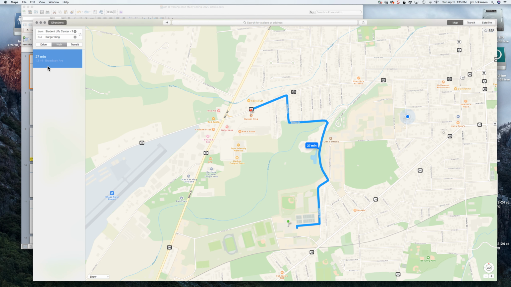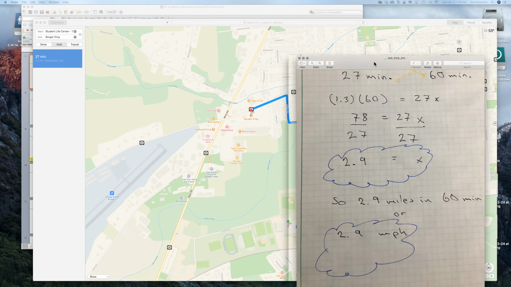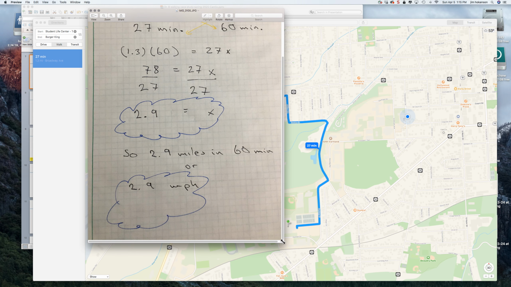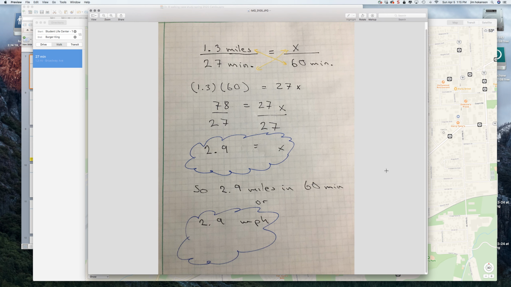This trip is 1.3 miles in distance, and as Dr. B1 mentioned, it takes about 30 minutes or 27 minutes. So we know the distance, and we actually know the time. We can use that to calculate speed. Here are my notes of how to calculate speed.